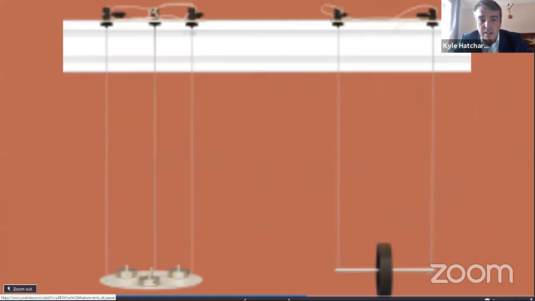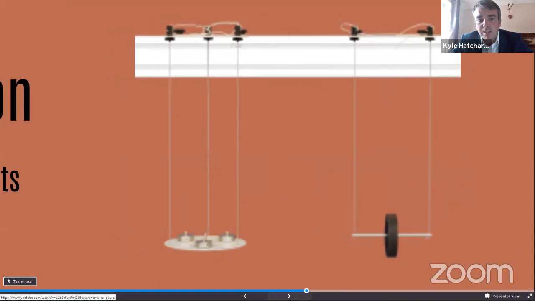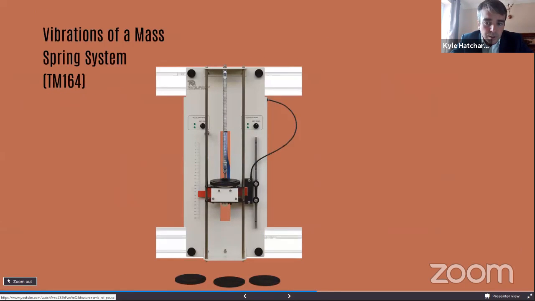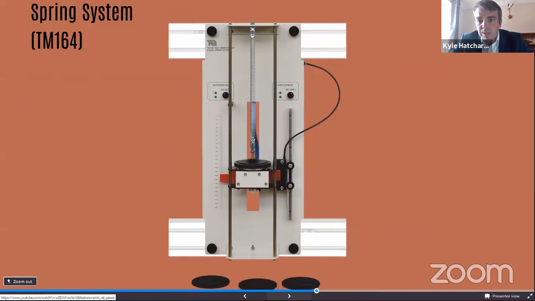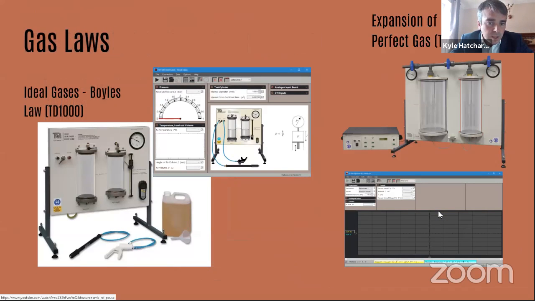The mass spring system and the single pendulum both form essential parts of the practical experiment. So there you have the TM164, which is a mass spring system, allowing students to carry out the practical aspect of that and understand the theory.